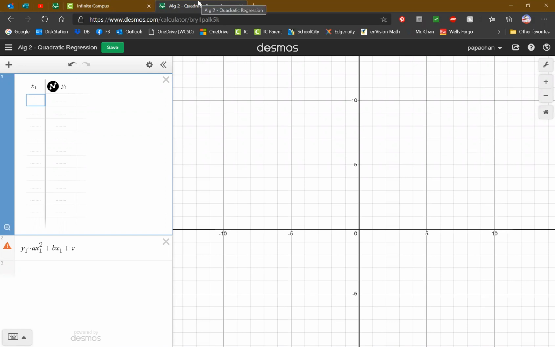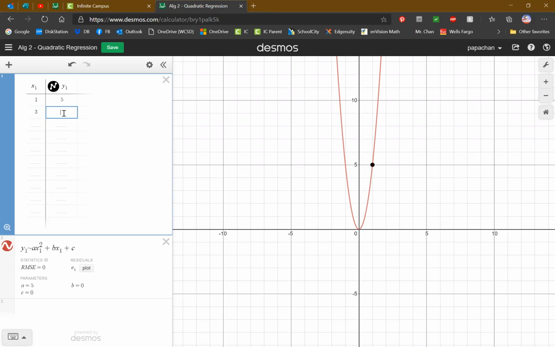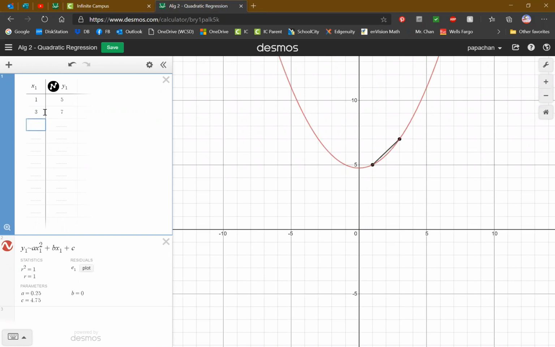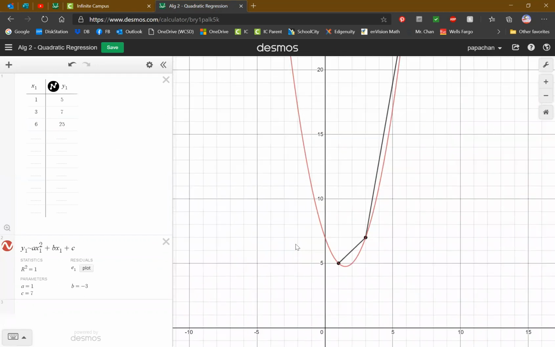So the first value is 1, 5. Great. Second one is 3, 7. This is very handy. Found this on the internet when I typed in Desmos quad regression, and somebody already made it. I'm just utilizing their little app that is built from Desmos. So see what's going on here?